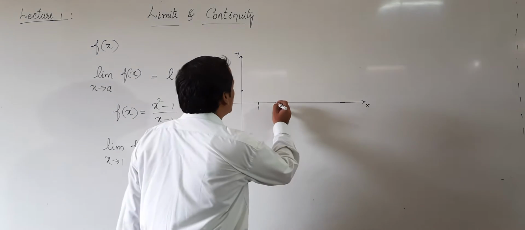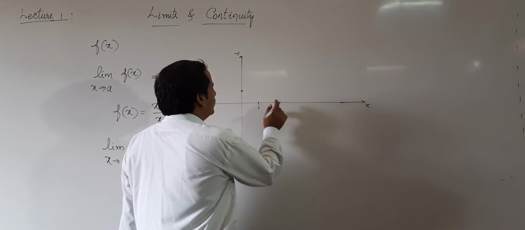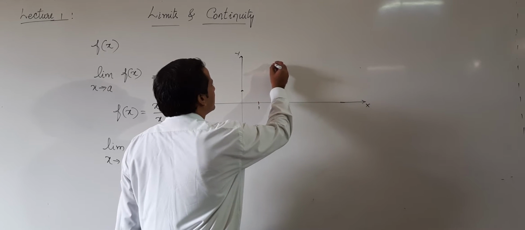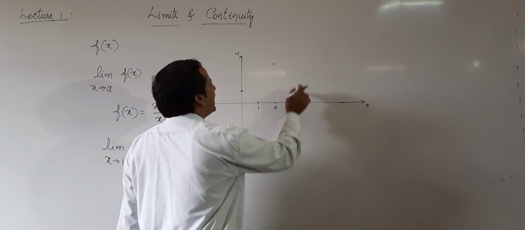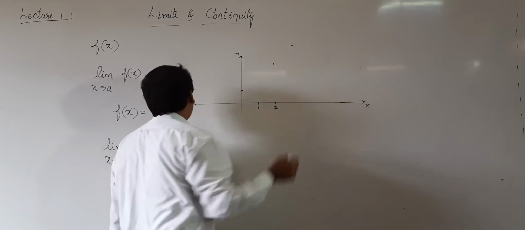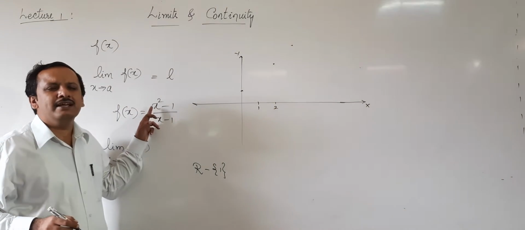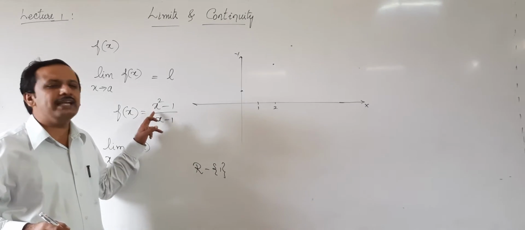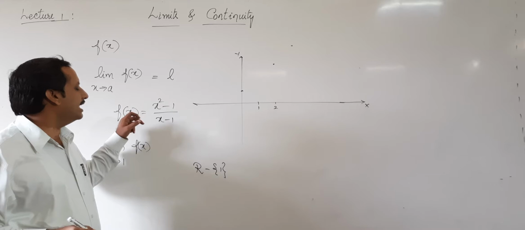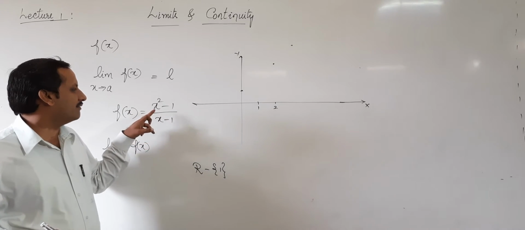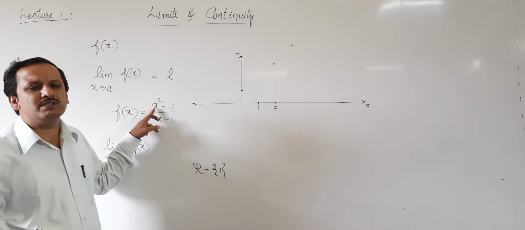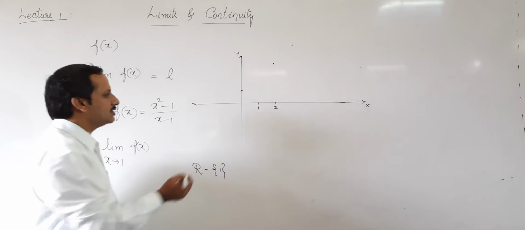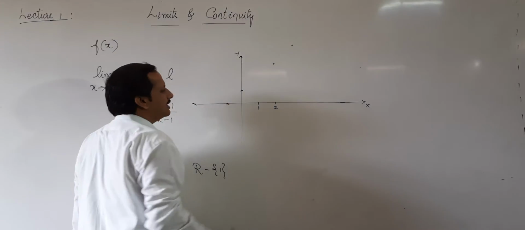At x equal to 3, it will be equal to 4, because 9 minus 1 is 8, divided by 3 minus 1 is 2, 8 by 2 gives 4. Then if I put x as minus 1, the numerator is 0 and the denominator is minus 2, so 0 by minus 2 is 0. So at minus 1, it is 0.